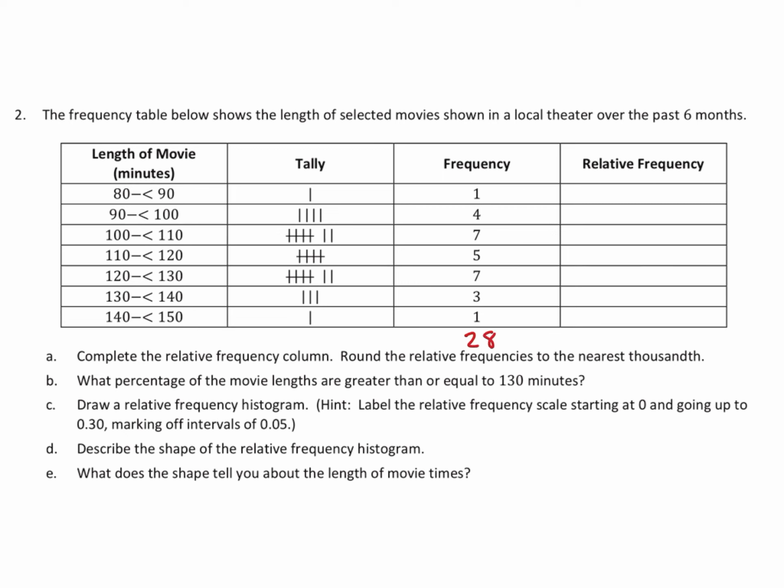So over here, to find the relative frequency, we need to divide the frequency by the total. And we're going to find those as a decimal, and we do get to use our calculator, and we're going to round it to the nearest thousandths, which means we need 3 decimal places.